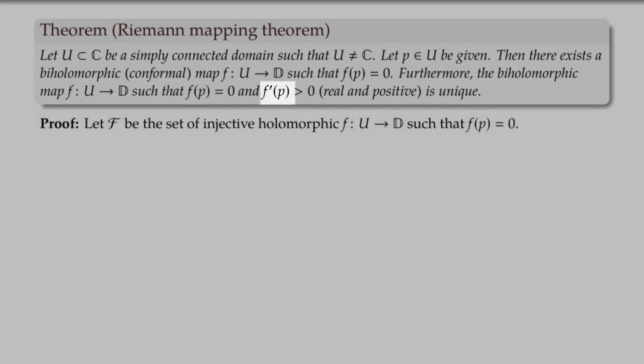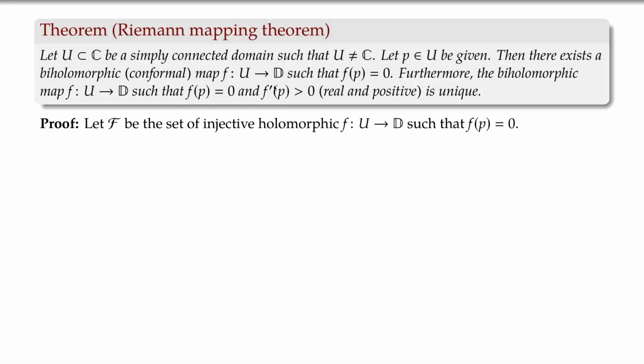Well, the intuition is that f of U should be as much of D as possible. I want to spread out as far as possible, so I should be able to do it with the largest velocity. I have the largest velocity at P.